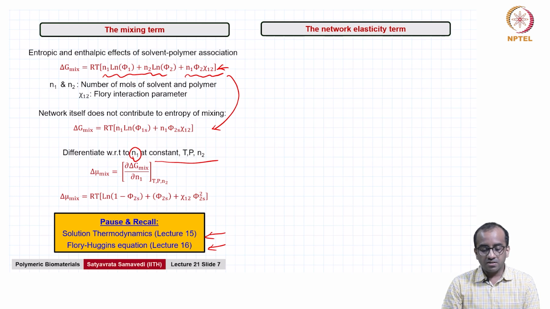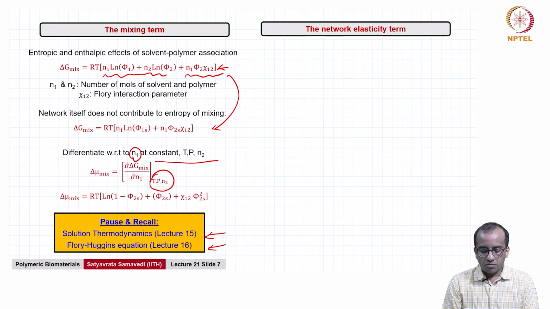So delta mu mix is given by partial of delta G mix with respect to N1 at constant T, p and N2. Again, this is an expression that we have seen in solution thermodynamics in lecture 15.